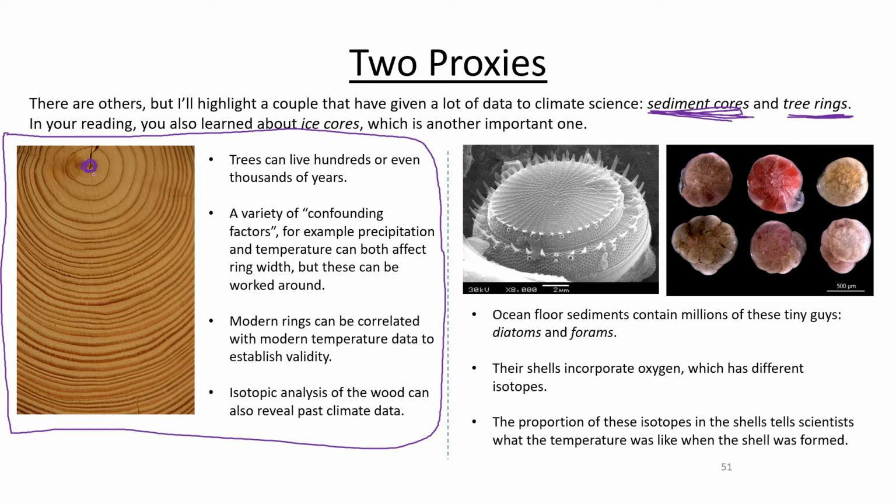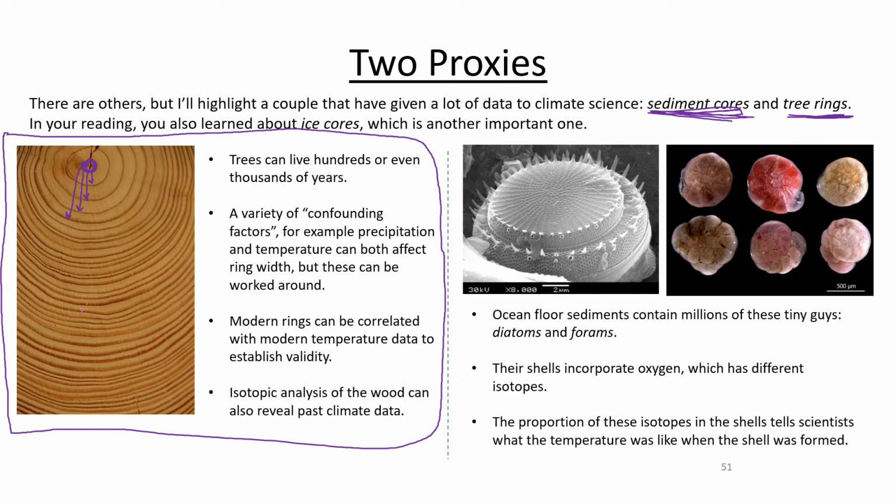And then each ring thereafter, assuming that we're talking about a species of tree and a part of the Earth in which there's just one growing season, represents a year in that tree's growth. So after 1 year, 2 year, 3 year, 4 year, 5 year, and you can count up on and on. And trees can live hundreds or even thousands of years for certain species of trees.